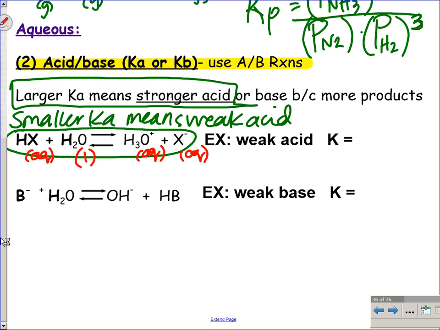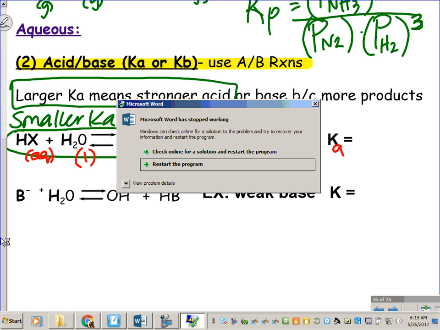All right, so assuming all that's true, now how would I write this Ka expression? Same style. Shout it out. Products over reactants, I heard that. And these are concentration brackets again. The only time we ever take away the concentration brackets is if we're using partial pressures.